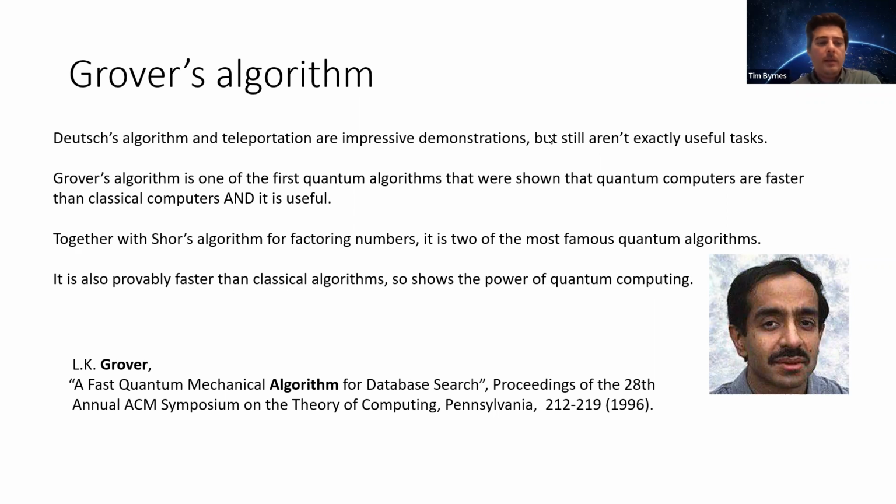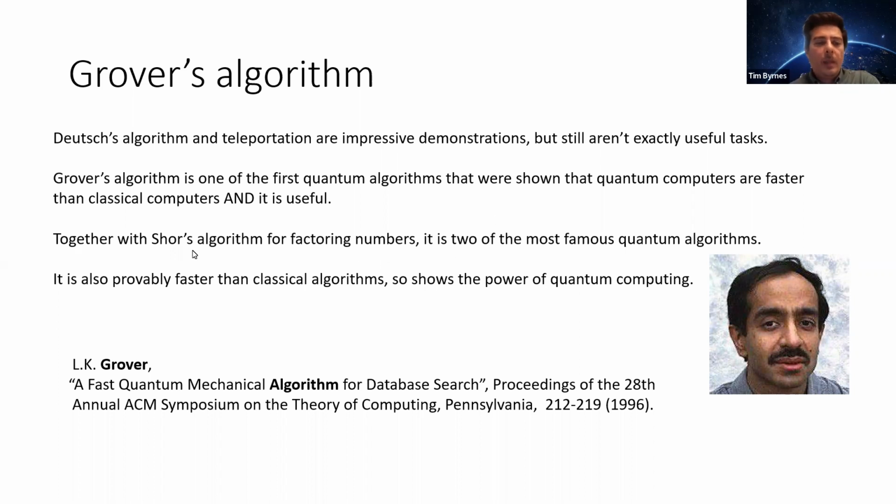If you were to name the two most famous quantum algorithms, Grover's algorithm would be one of them, and perhaps the most famous is Shor's algorithm. We're not really going to have the time to do this one, because Shor's algorithm is a little bit more complicated than some of these other algorithms.